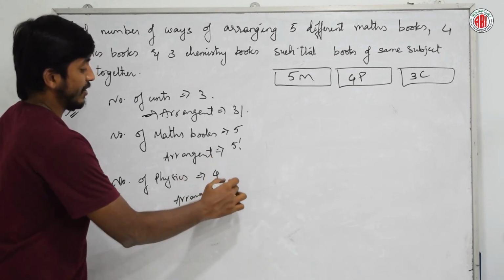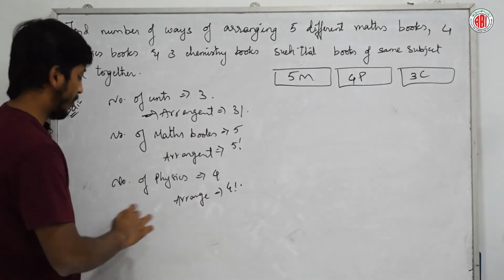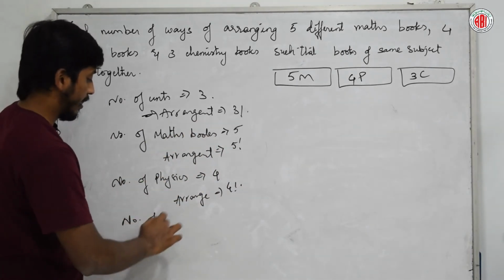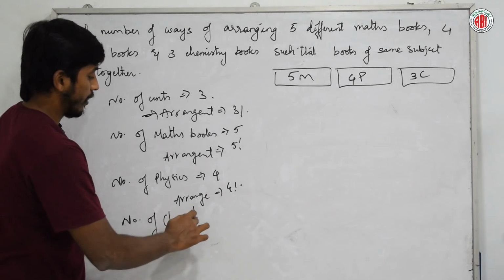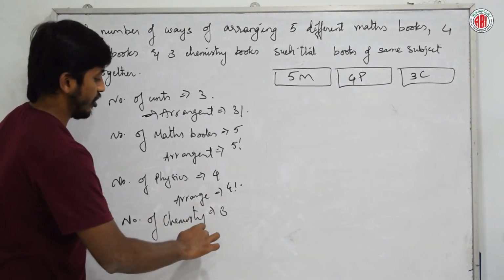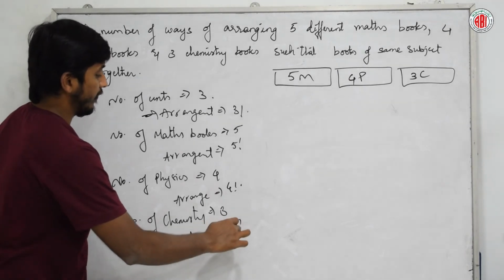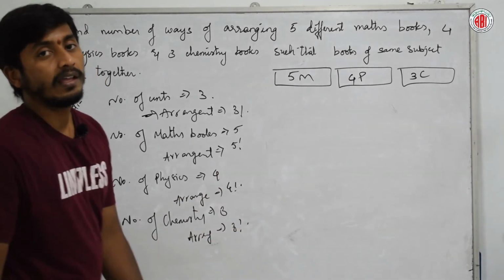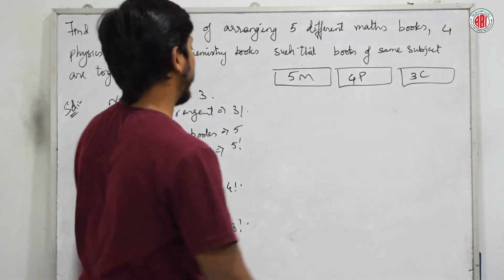The arrangement is 4 factorial. What about chemistry books? Number of chemistry books, there are 3. So we can arrange them as 3 factorial. Right? That's it. The answer is done.